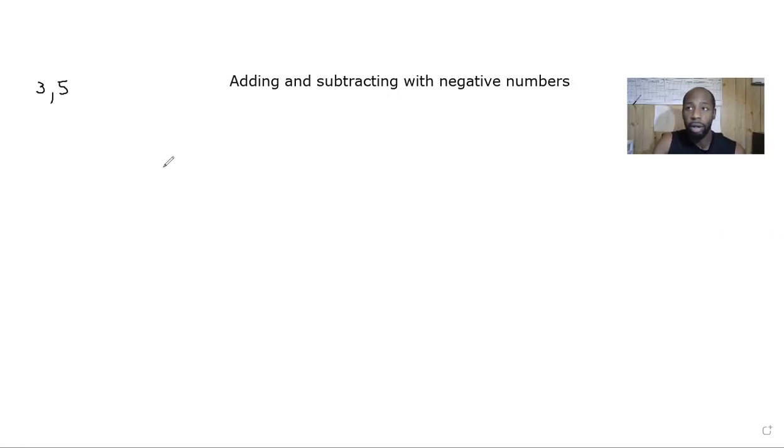So first of all, whenever you're getting an understanding of negative numbers, it's important to at least consider using a number line. So let's do this right here. Draw a number line, and 0 is here in the middle.